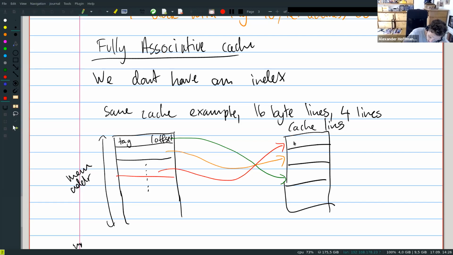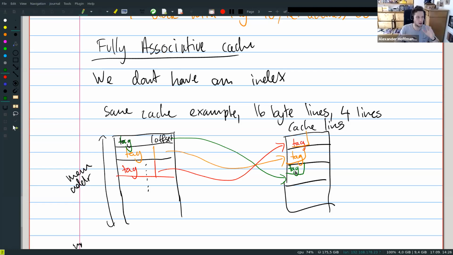And so this would store the tag. Say we have the tag here, and this tag would get stored in the metadata, right? In this little metadata thing here. So we'd have the metadata storing the tag. And so it's just completely random.